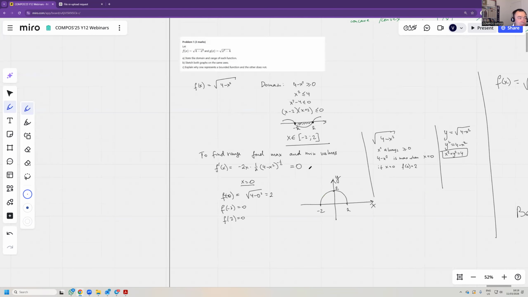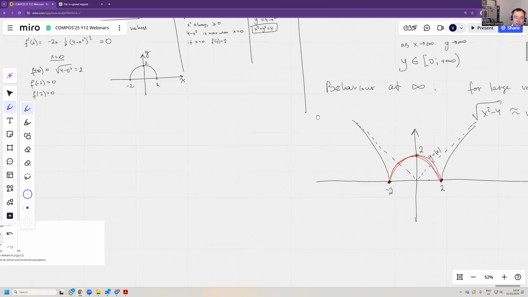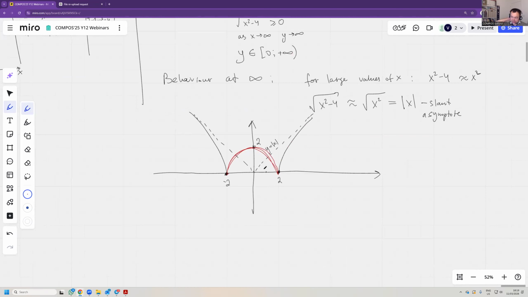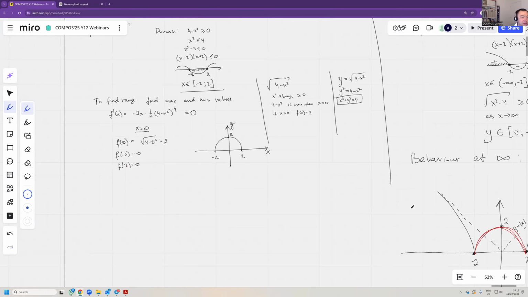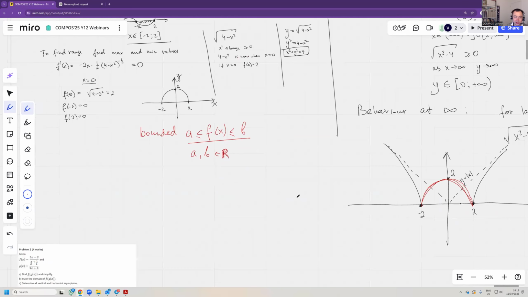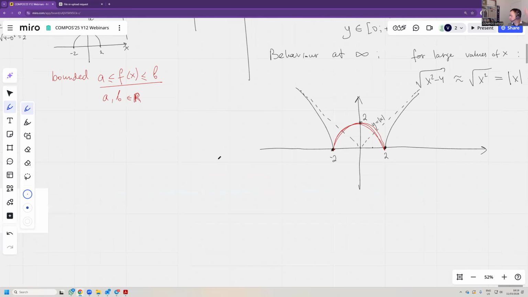All right, and what do we need to explain? Explain why one represents a bounded function, the other does not. Well, it's obvious. This one is bounded because f of x can be put between two values a and b, where a and b are real numbers. That's what bounded means: the function takes only values between two real numbers.